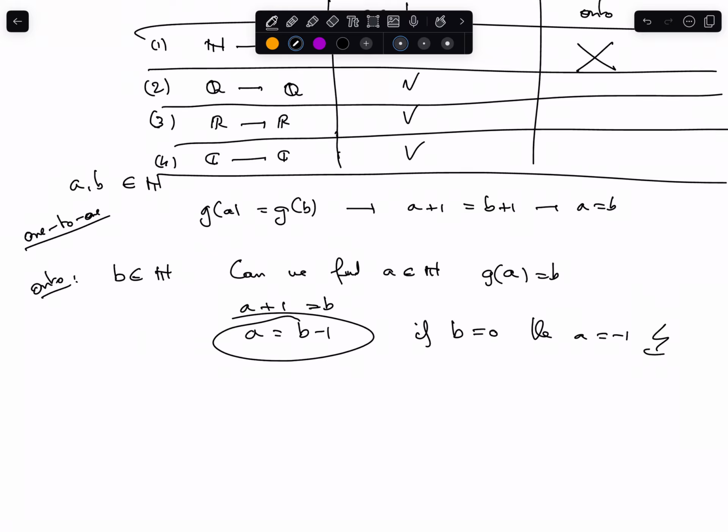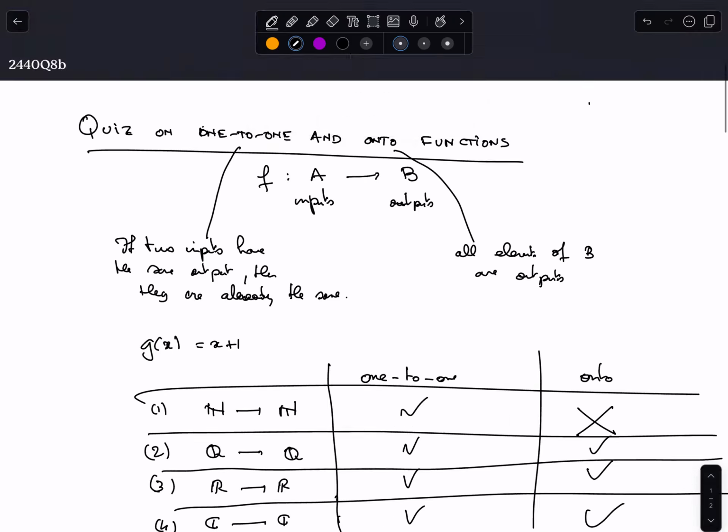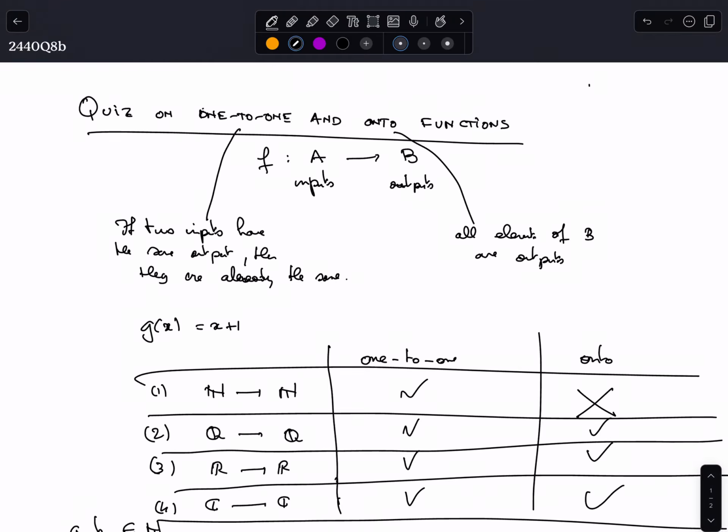You can do that for the rationals, the reals, and the complex numbers. So here it is actually simple that we have onto, because we have the formula that tells us how to find a given b, and that always gives us a good solution. So that's what the quiz will be on: one-to-one and onto functions.